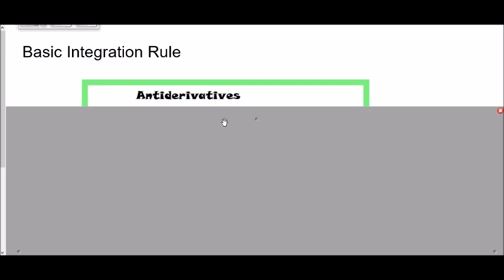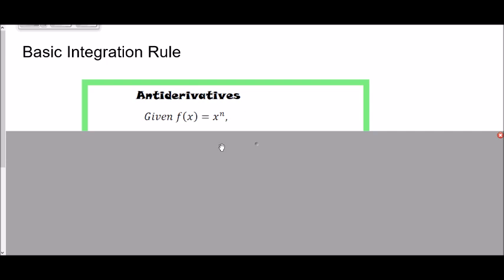So if we have f of x equals x to the n, to take a derivative, if we had x to the n, we'd bring n in the front, drop it down, and we would subtract 1 from the exponent. Okay? So we need to do the opposite of that.